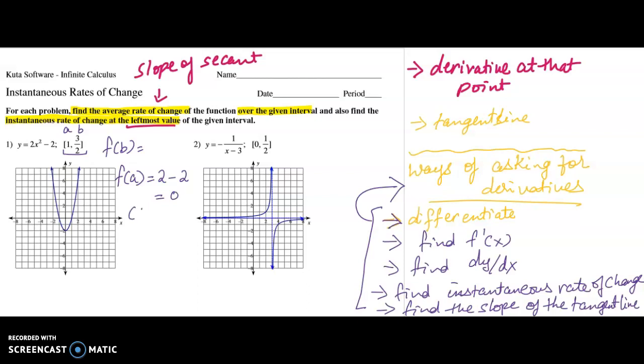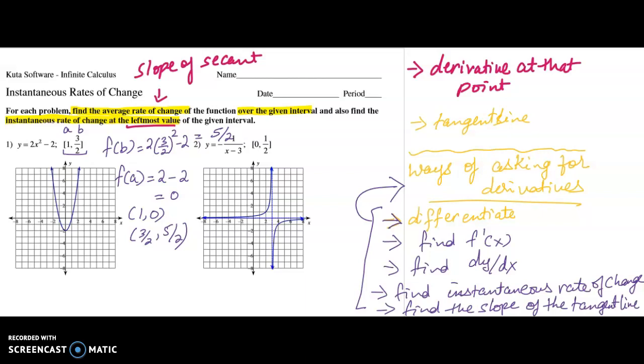So my first coordinate is 1 and 0. Then for f of b, if I evaluate 2 times 3/2 squared minus 2, I will get 5/2. So we have another set as 3/2 and 5/2.